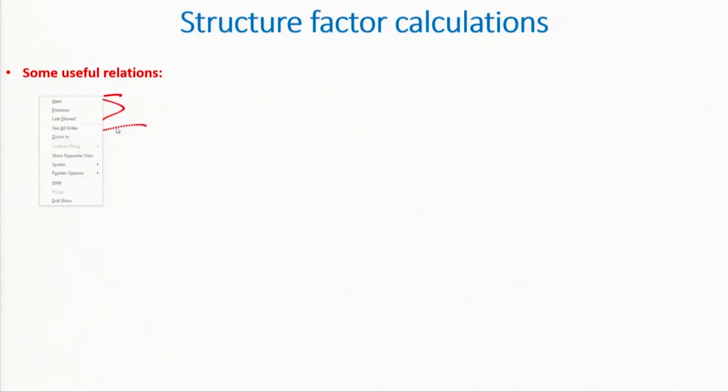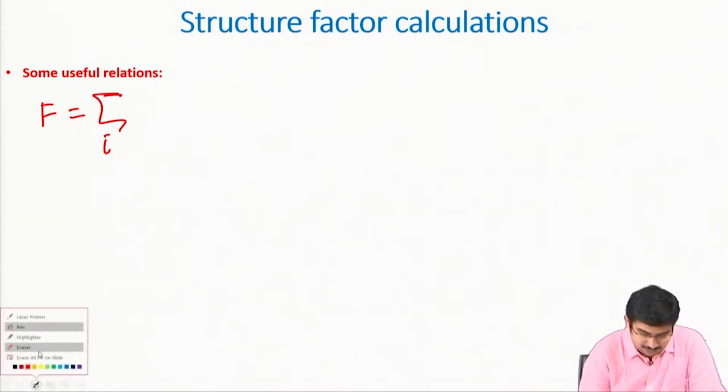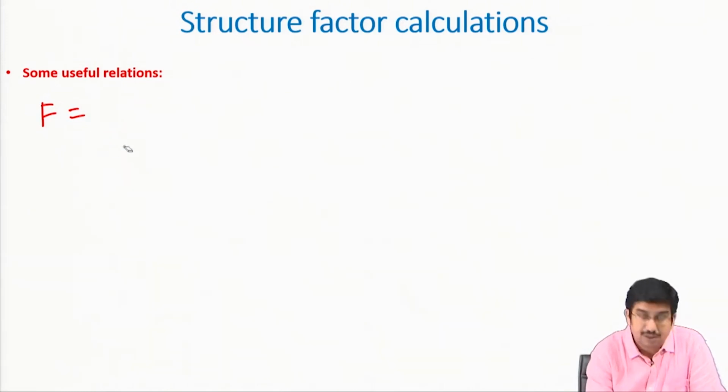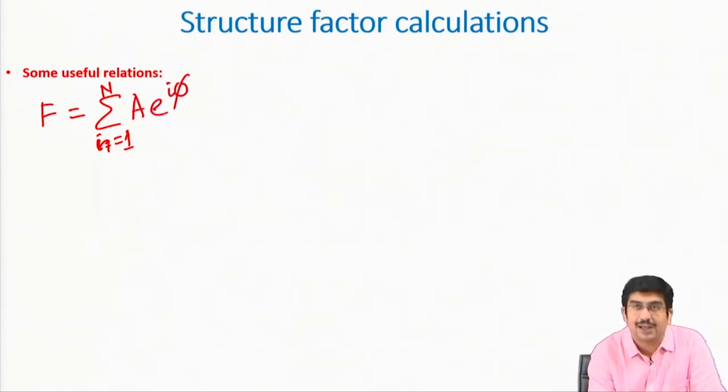We can define the structure factor basically like this, where for n number of atoms, we take a summation of the waves scattered by each of them, that is, the waves diffracted coming out of each of these atoms.